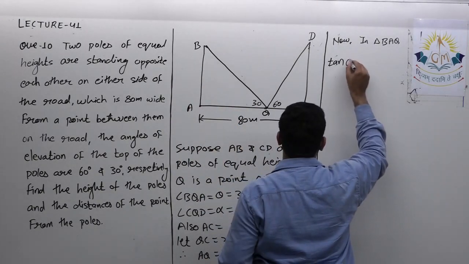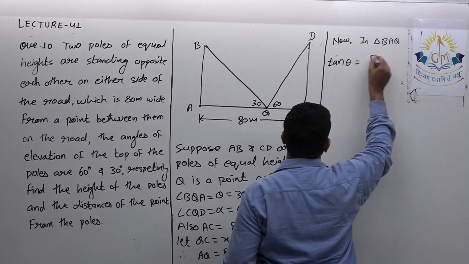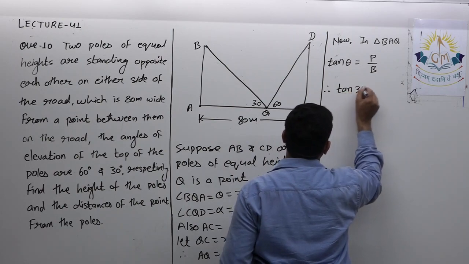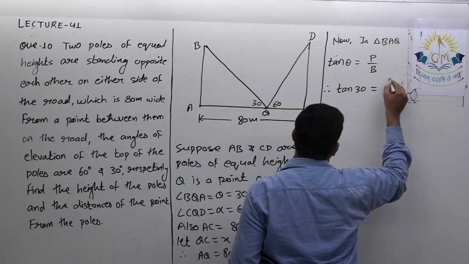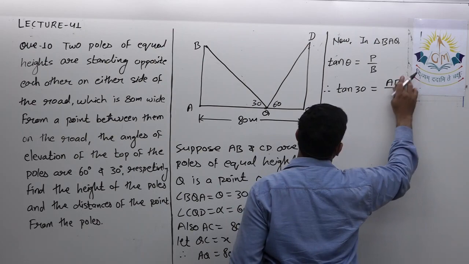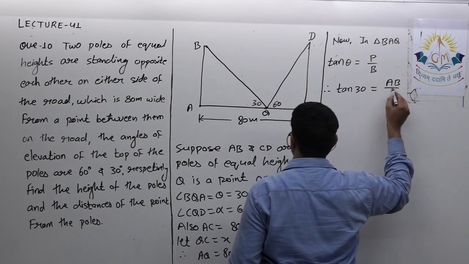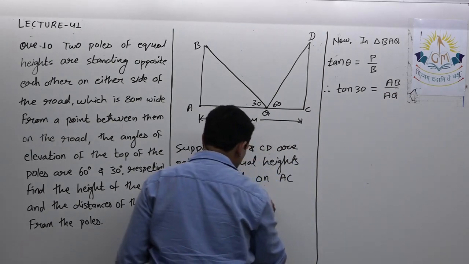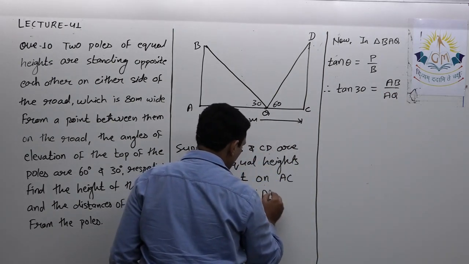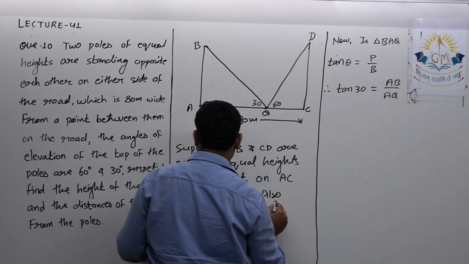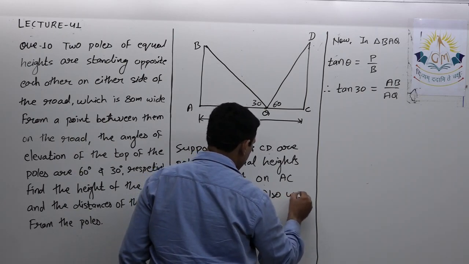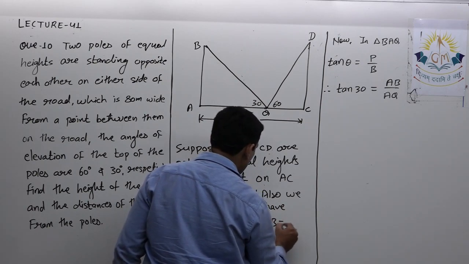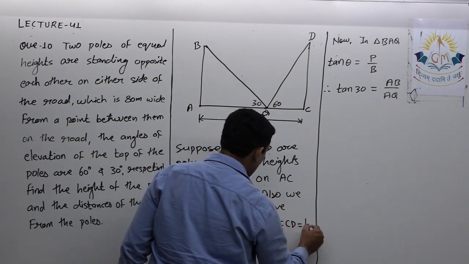So tan of theta is equal to perpendicular upon base, therefore tan of 30, where the perpendicular is AB and the base is AQ. One thing more, I'm assuming AB is equal to CD is equal to H, say.